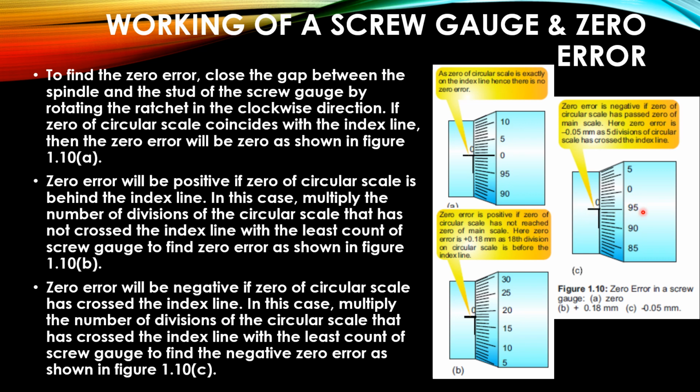It is not the 95th division, so we will count the number of divisions, which is 5th. We will multiply it with the least count and we will get minus 0.05 millimeter to be the error, which is negative. According to the situation, we will add or subtract these errors from the end diameter or end reading to get the correct reading.